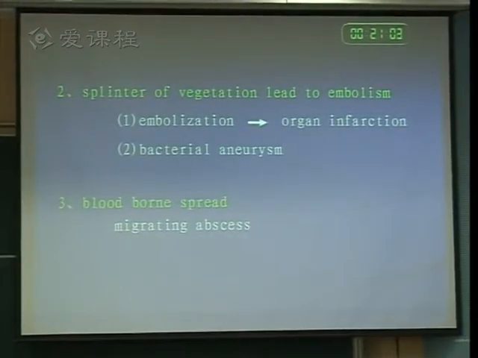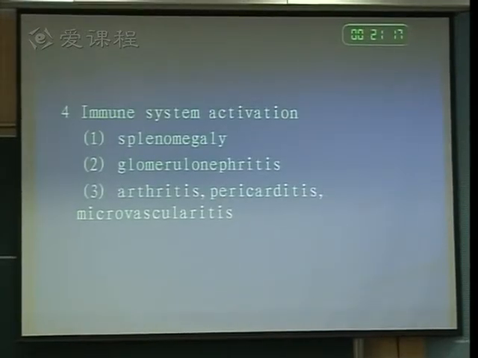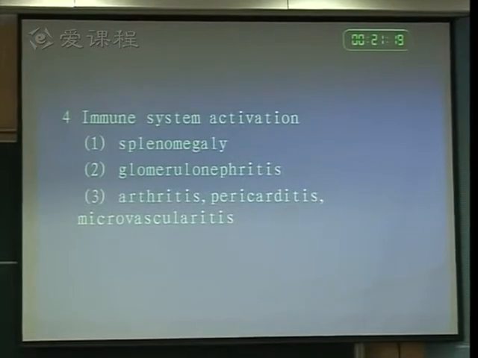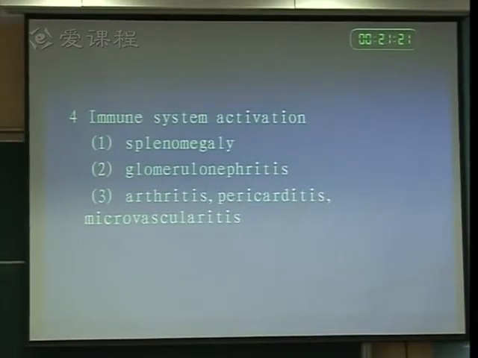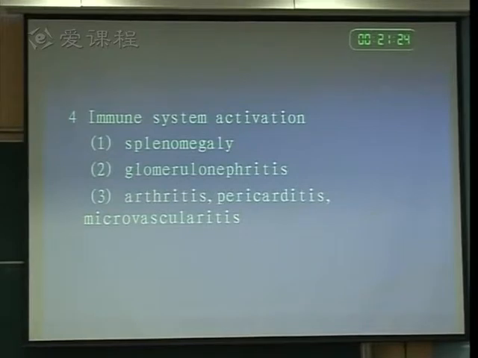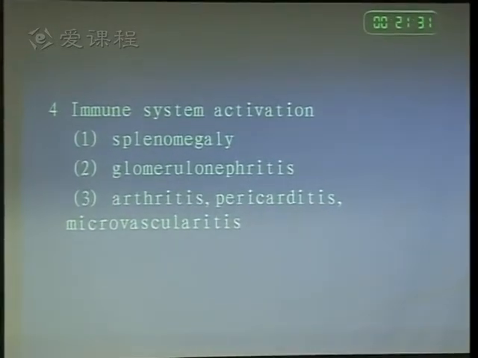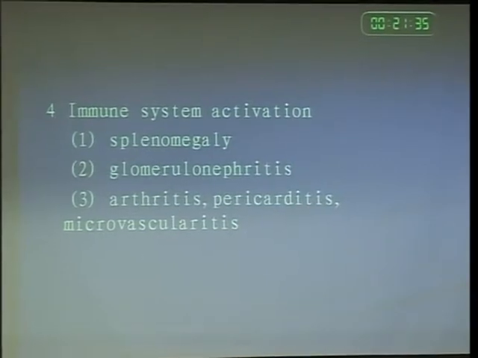The third pathogenesis is the blood-borne spread. Blood-borne spread can make a lot of migrating abscesses. The last one is that infective endocarditis can activate the immune system. There may be splenomegaly, glomerulonephritis, arthritis, pericarditis, and microvasculitis.